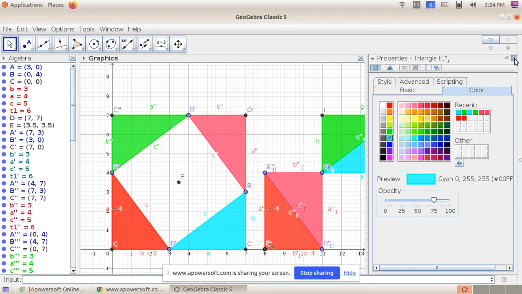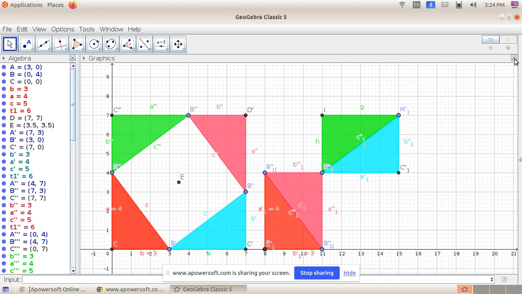So coloring is over. So you can see the triangles. You can identify these triangles using these colors. So these two are together here and these two are together here.